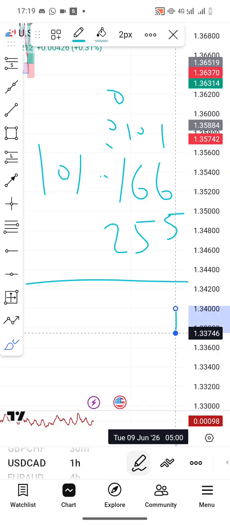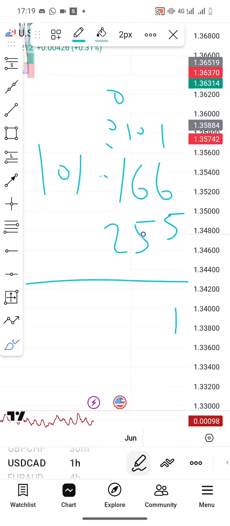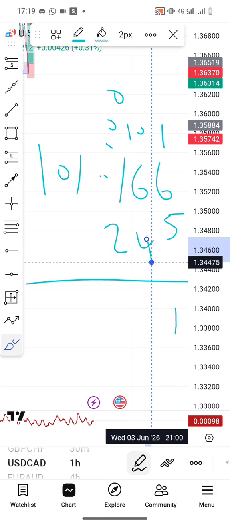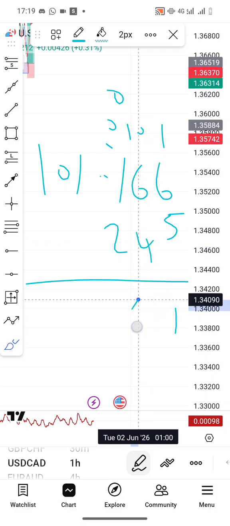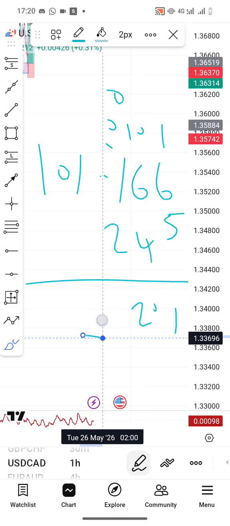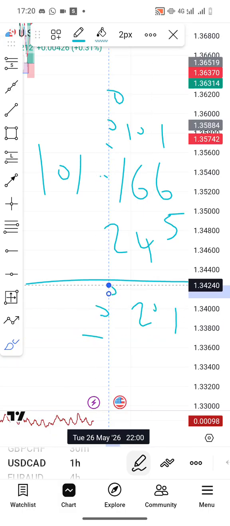If this 6 moves to 4, let me cancel this, we have dropped down 20 pip. If this one right here moves to 2, we have dropped down what? 100 pip.